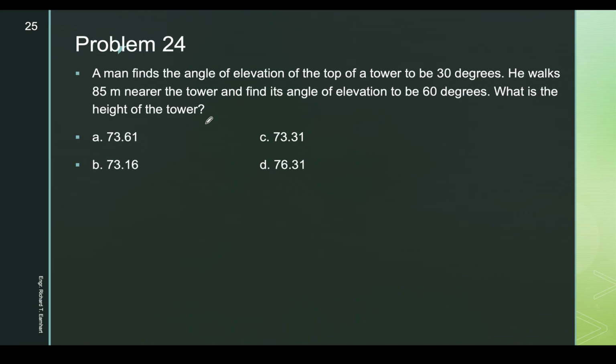A man finds the angle of elevation of the top of a tower to be 30 degrees, so he walks 85 meters nearer the tower and finds its angle of elevation to be 60 degrees. So what is the height of the tower? Okay, so let's say this is the tower.